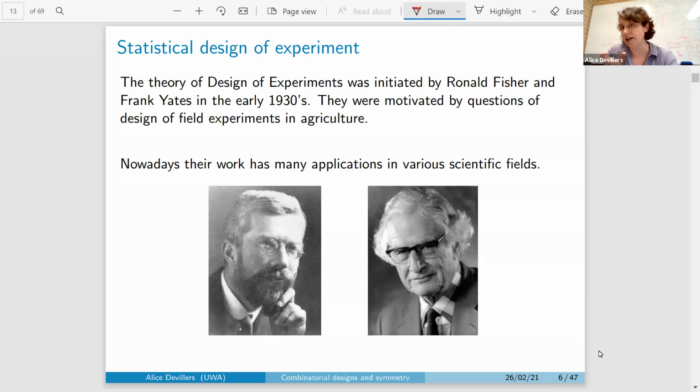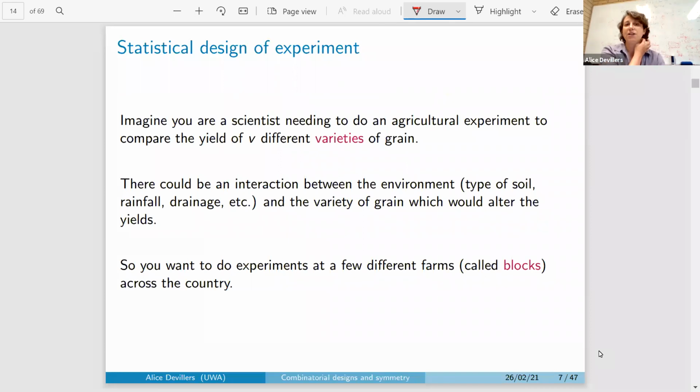The word design comes from the verb to design an experiment. So imagine you're an agriculture scientist and you want to do an experiment where you compare the yield of different varieties of grain, for instance.